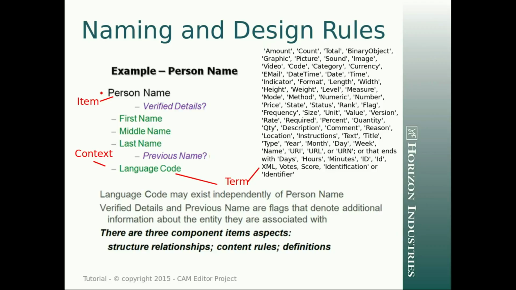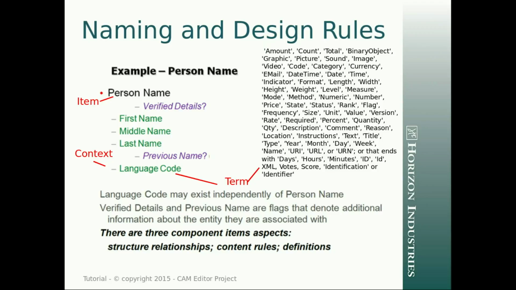But it's not enough to say language, because then you have to ask yourself the question, what? And so the answer to that is then you need to associate a term. And there's a set list of these, and CAM will check for these. And so in this case, we're using language code to denote the language that the person uses.